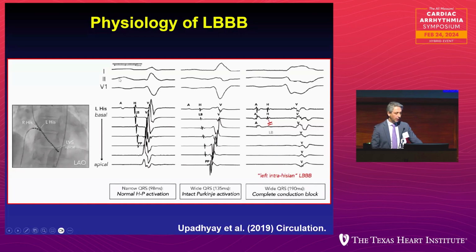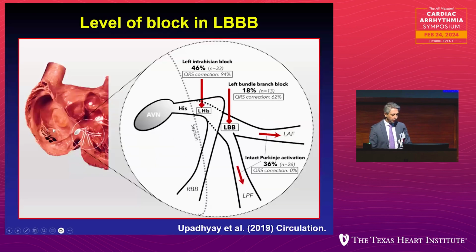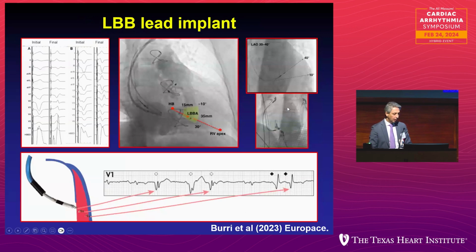So there are fibers that are already committed to the left bundle, and that's why we sometimes see, when we screw a lead into the His bundle, that we can actually correct left bundle branch block. And they've noticed that 46% of left bundle branch block patients have infra-Hisian block in the fibers that are committed to the left bundle.